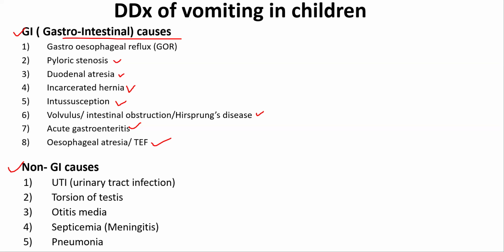Among all these differential diagnoses, the cases that come in exam are gastroesophageal reflux, pyloric stenosis, duodenal atresia, hernia, intussusception, intestinal obstruction, gastro, and this one also comes in exam. So all these 8 cases come in exam.